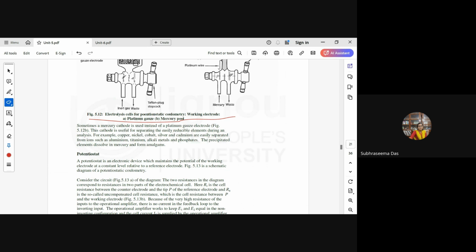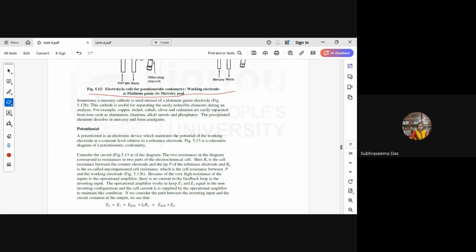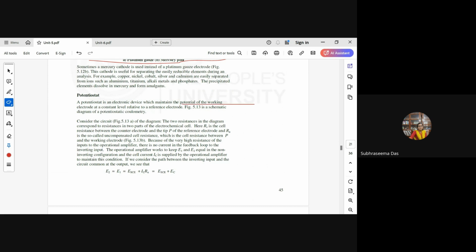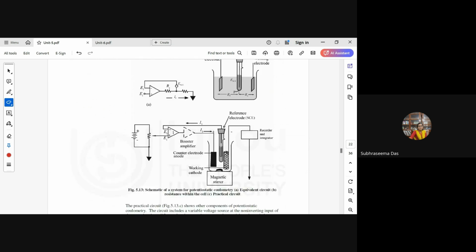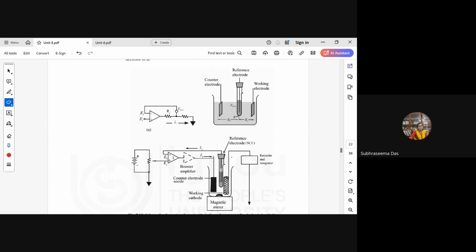A potentiostat is an electronic device that maintains the potential of a working electrode. Figure 5.13 shows a schematic of potentiostatic coulometry.